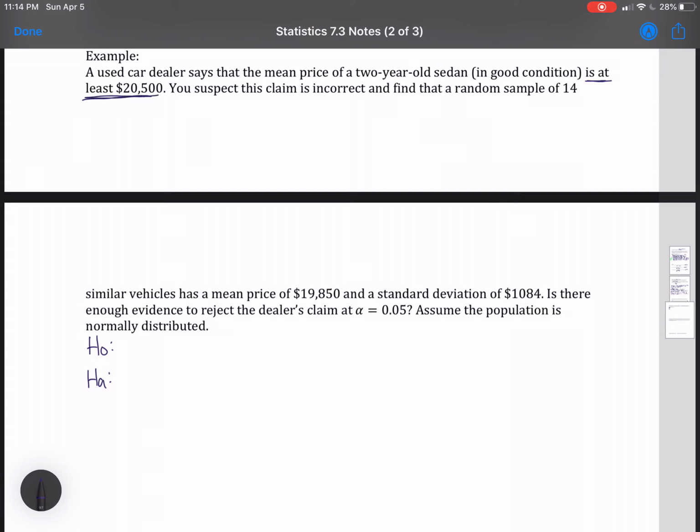At least would be greater than or equal to, so that would be the null, because remember, the null hypothesis always has equality in it. Which means our alternative hypothesis is going to be less than 20,500. And then our null is our claim.